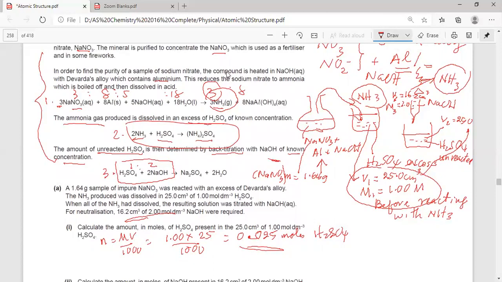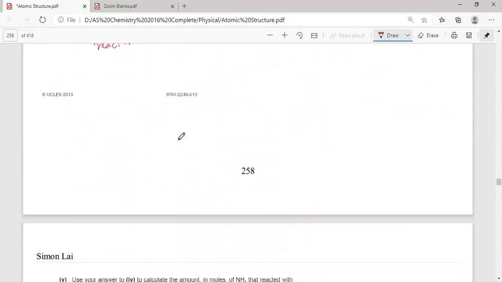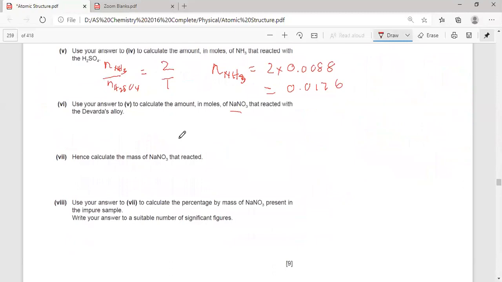Okay, so now down here. The number of moles of sodium nitrate over number of moles of ammonia is 1:1. Actually 3:3, so it doesn't matter.